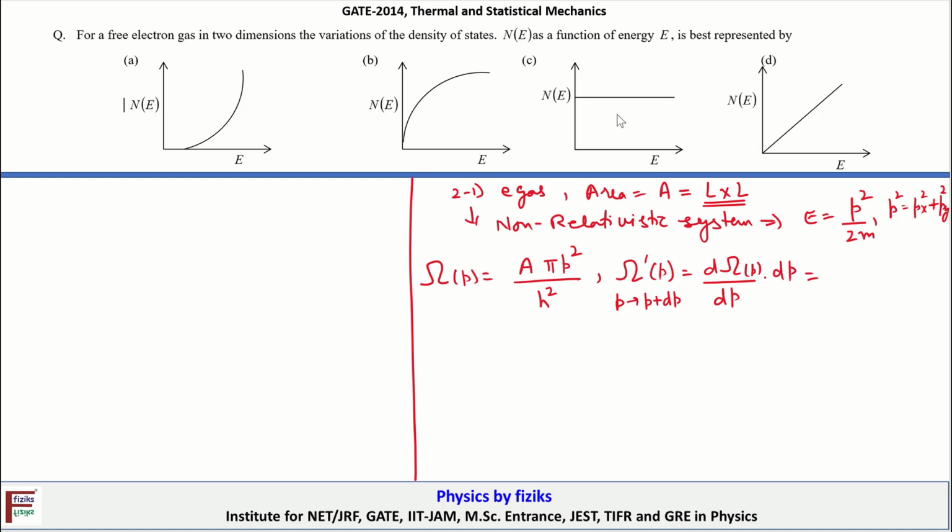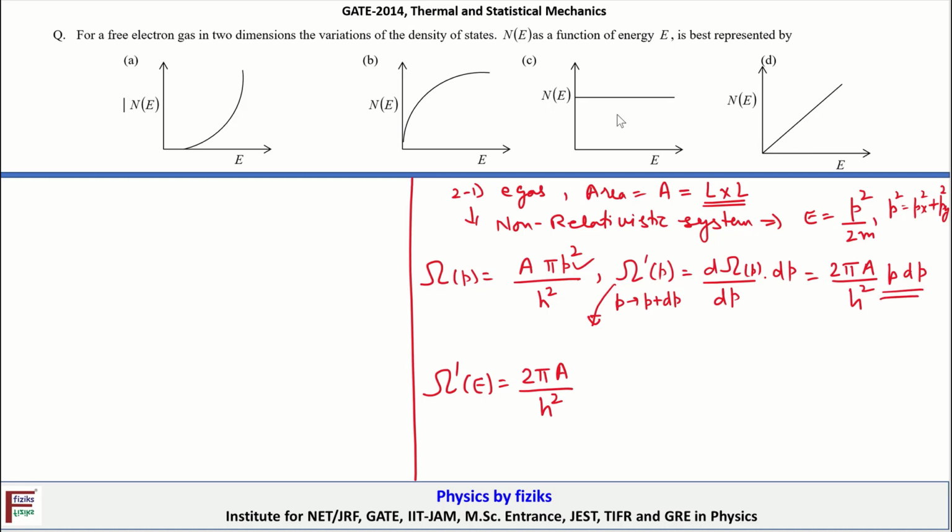From here we will have 2p dP, so that this is equal to 2 pi A upon h square p dP. Now this expression can be transformed in terms of energy as below: omega dash (E) equals 2 pi A upon h square p dP.